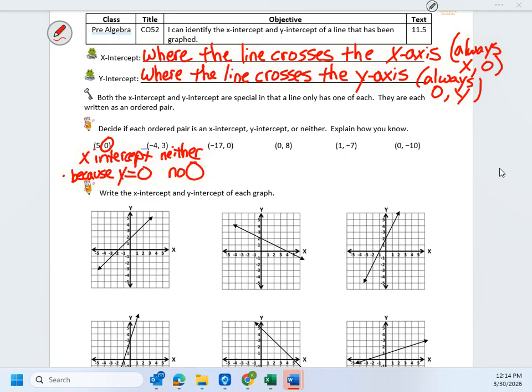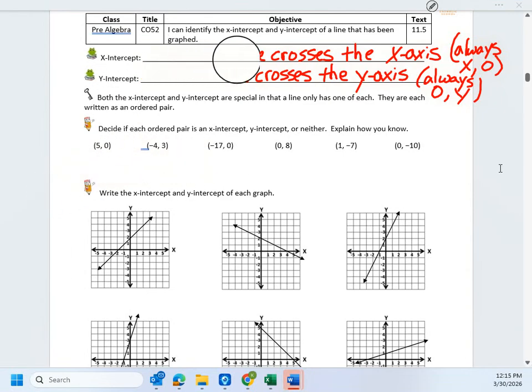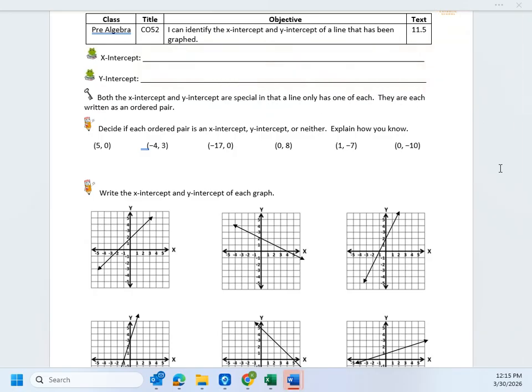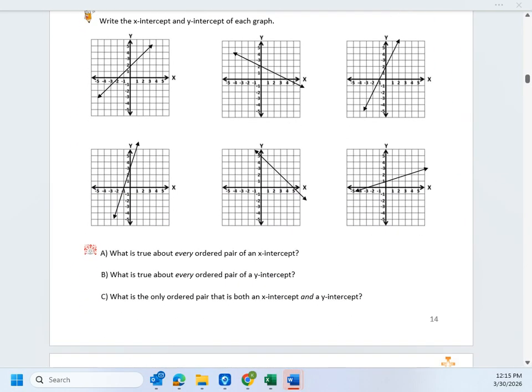Then we see on the bottom, it says, write the x-intercept and the y-intercept of each graph. So we're going to put both. So let's look at this first one. What is our x-intercept?